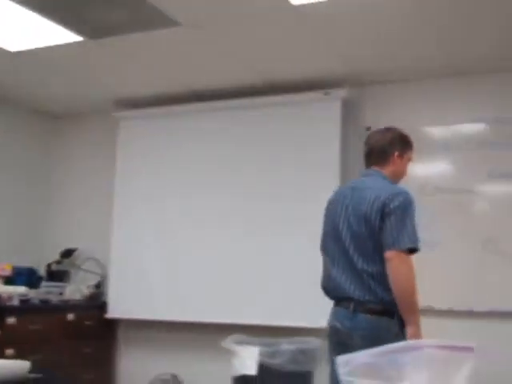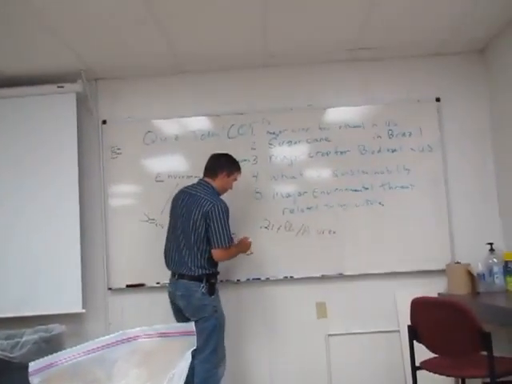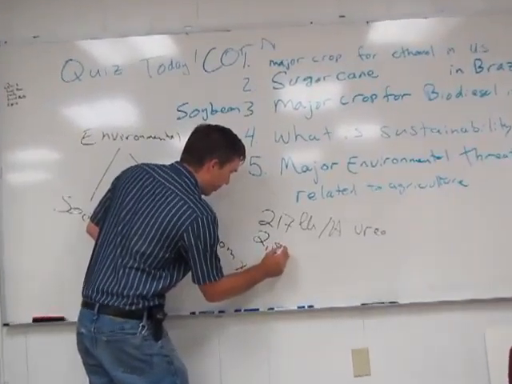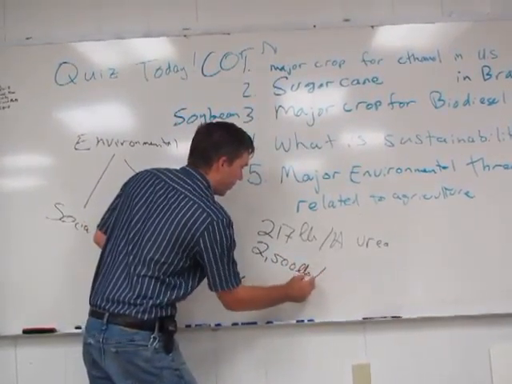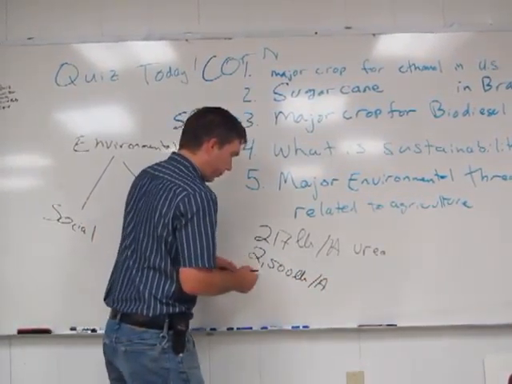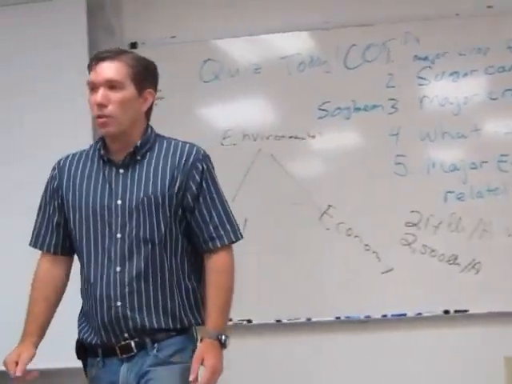We would need 2,500 pounds per acre. So depending on how concentrated your nitrogen source is, you have to change how much of that fertilizer you're putting in.